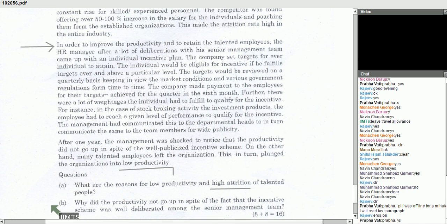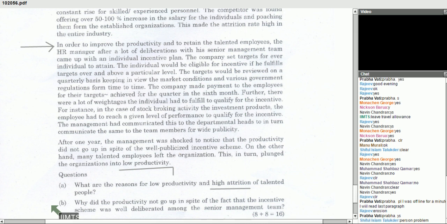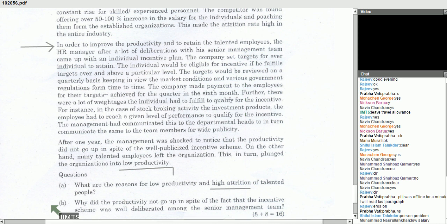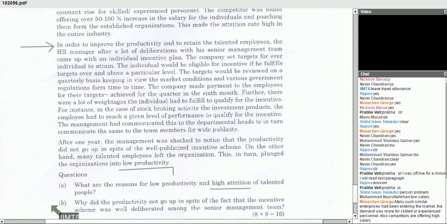Rajiv says erosion. Okay. Could you please elaborate, Rajiv? Shiful says person problem. Okay. Low salary. Yes, very good. Okay, Manachan says many such similar enterprises had been entering the market. The demand was more for skilled or experienced personnel.